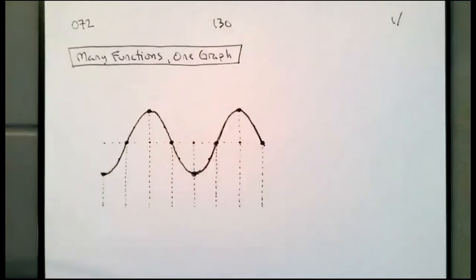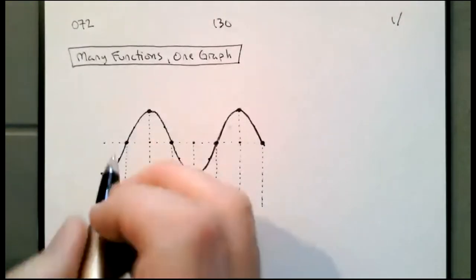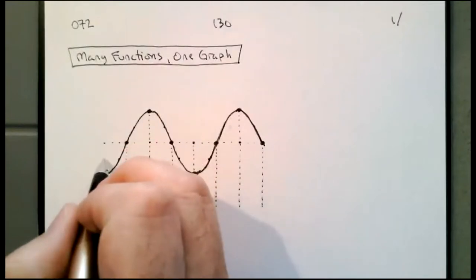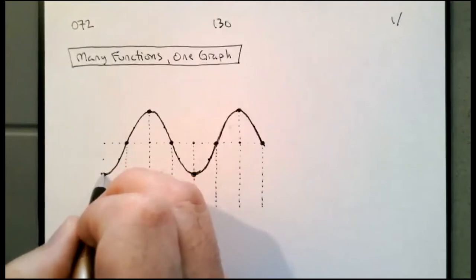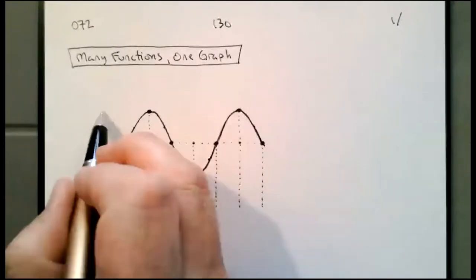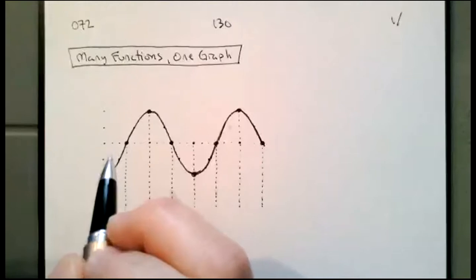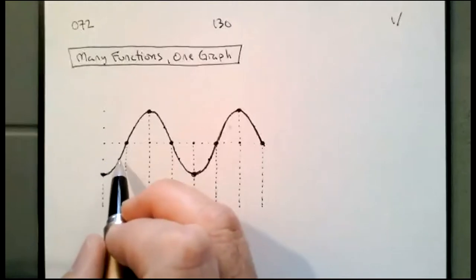The reason that we want to do this is sine of 30 is a half. So if I mark off the middle and then down 2 spots on the grid is the bottom and up 2 is at the top, I know that sine of 30 degrees is a half.